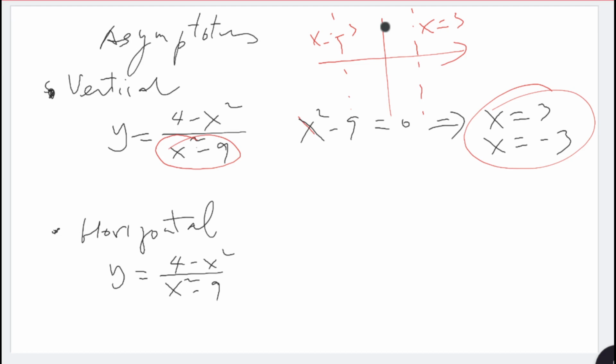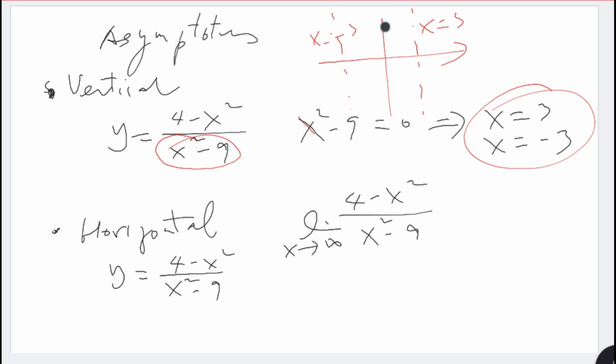Horizontal asymptote is different. In calculus, in my opinion, it's a better approach. We basically find the limit of the function when x approaches infinity.